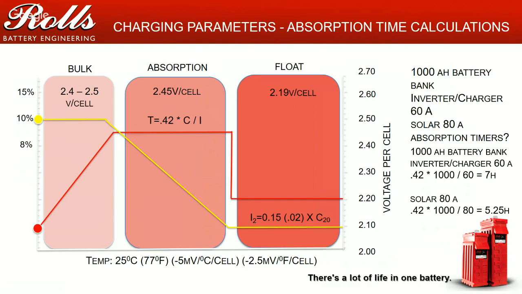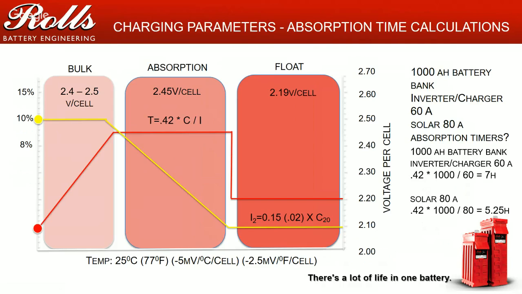So for a 1,000 amp hour battery bank, with a 60 amp nominal output, my absorption time for my inverter is 7 hours. With that charge controller, I'm looking at about 5 hours and 20 minutes, because I have a little bit higher charge source.